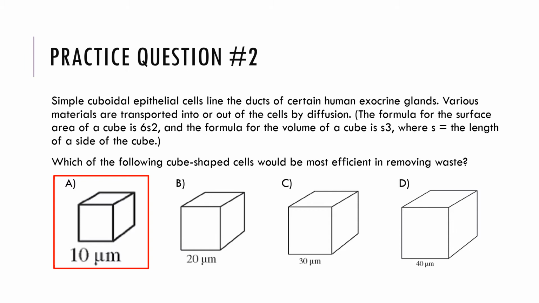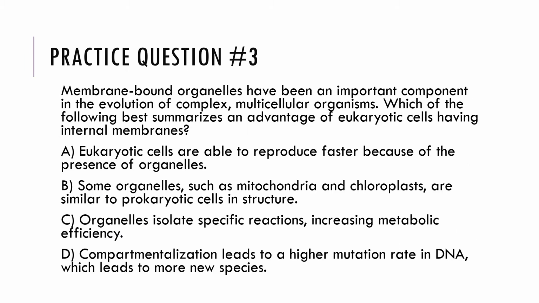Number 3, membrane-bound organelles have been an important component in the evolution of complex multicellular organisms. Which of the following best summarizes an advantage of eukaryotic cells having internal membranes? Is it A, eukaryotic cells are able to reproduce faster because of the presence of organelles?